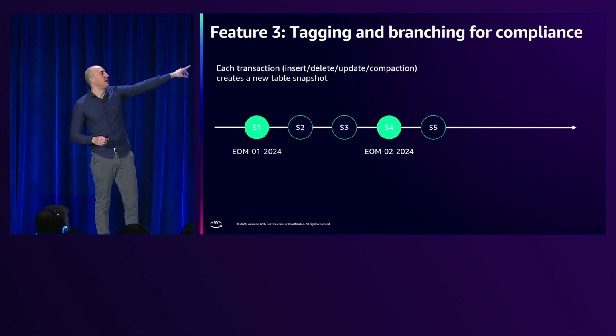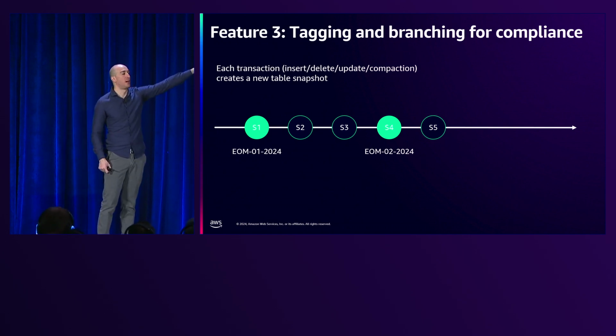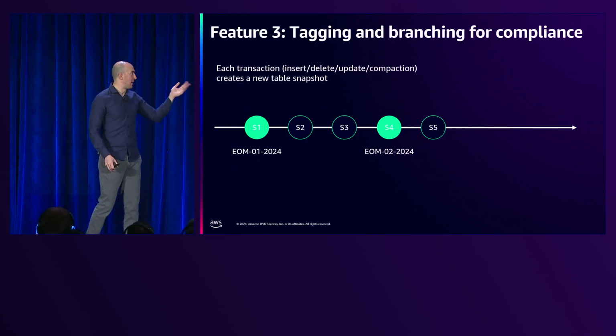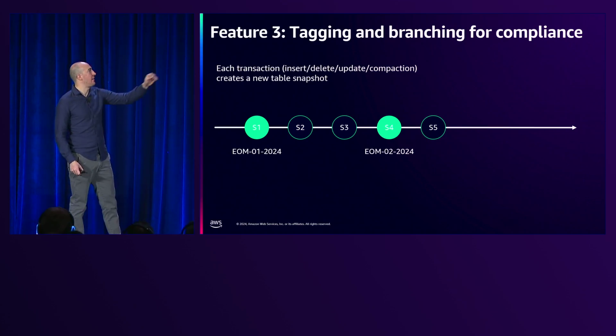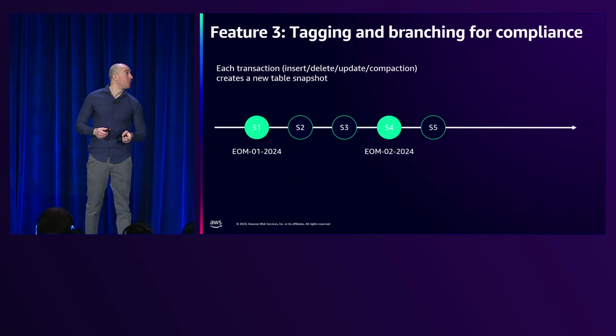Let's pick this timeline of events. At the end of the month of January, we have S1, the snapshot at the end of the month. We have two other snapshots that happen within February. S4 happens at the end of February, and we have S5.